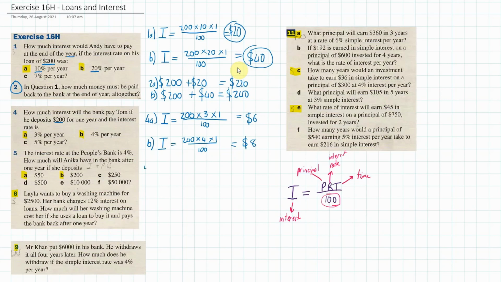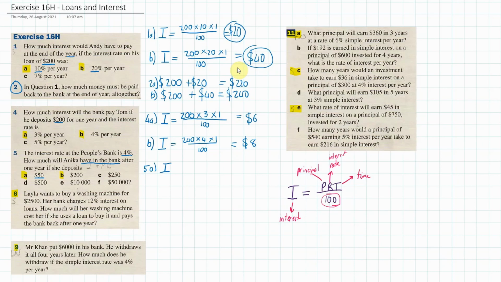Now, number 5, A. The interest rate at the People's Bank is 4%. How much will Anika have in the bank after 1 year if she deposits $50? Now, be careful here. It says, how much money will she have in the bank? Okay, so let's first work out how much interest she earns.